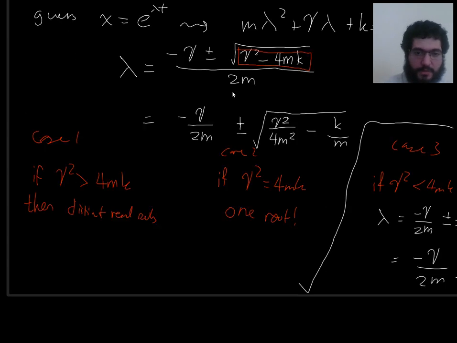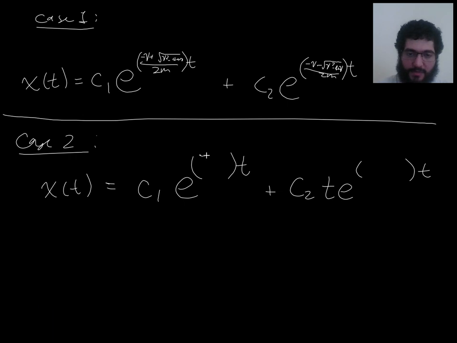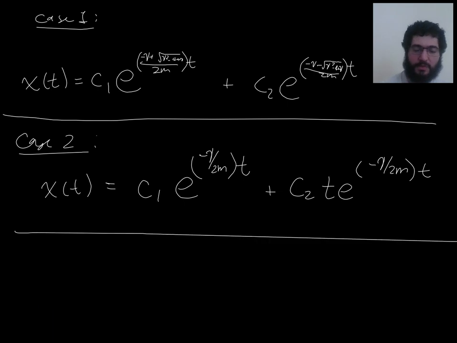So I just have to figure out what the single root is. Well, if gamma squared equals 4mk, so this part is 0, then our single root is negative gamma over 2m, right? This part just vanishes. So here I just have negative gamma over 2m.